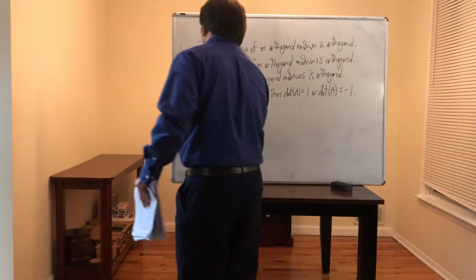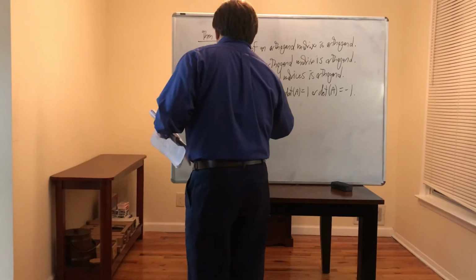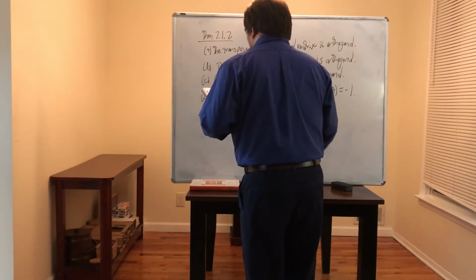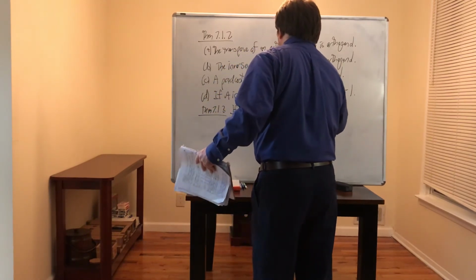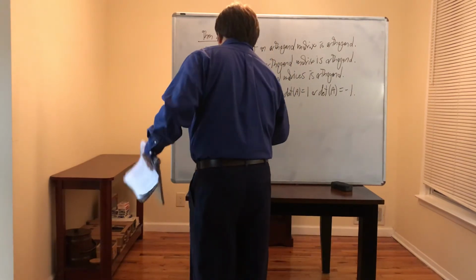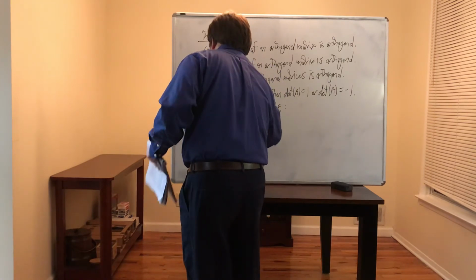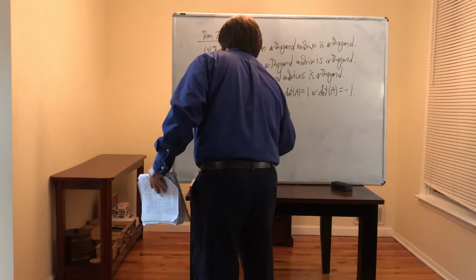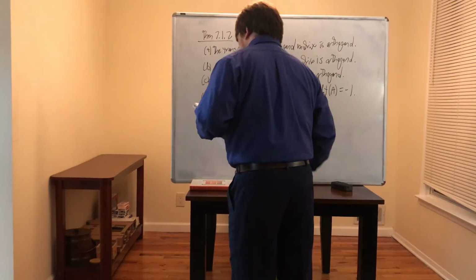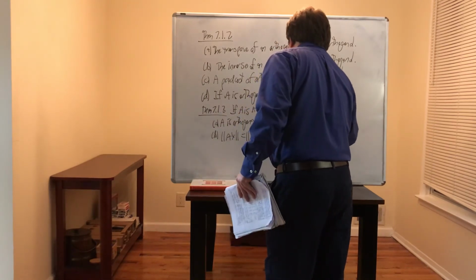Now Theorem 7.1.3. If A is an n by n matrix, then the following are equivalent. Statement A, A is orthogonal. B, the norm of AX is equal to the norm of X for all X in n space.